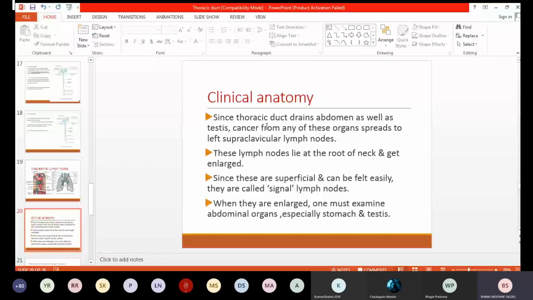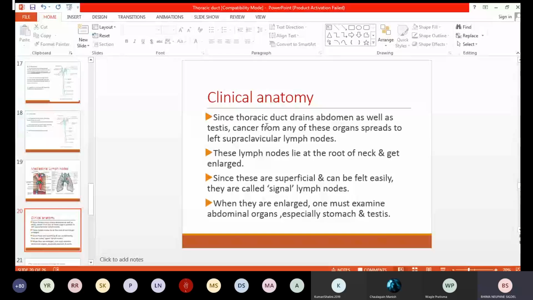You have to remember, in the left, just above the clavicle, if there is cancer of the testes or the stomach, then you can directly find it in the supraclavicular lymph node, mainly on the left side only.